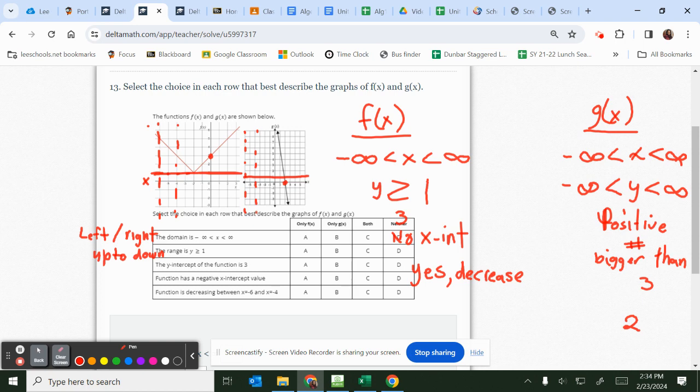We could assume it's decreasing, because if the graph extends on and on forever, at some point it's going to get to between negative 6 and negative 4. If we follow that graph from left to right, it will be going down.